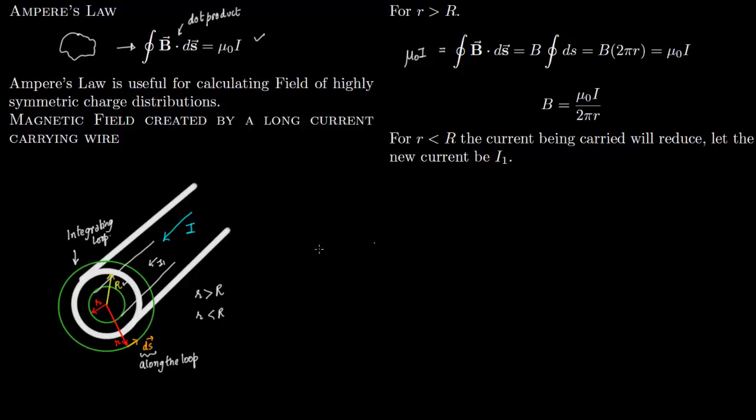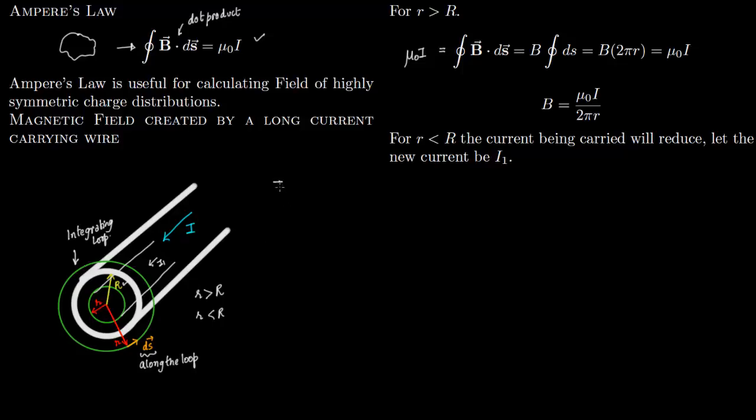The current density remains the same because it's a conducting medium. Therefore all the electrons will distribute themselves evenly. Thus the current density in the smaller wire is the same as the current density in the bigger wire.